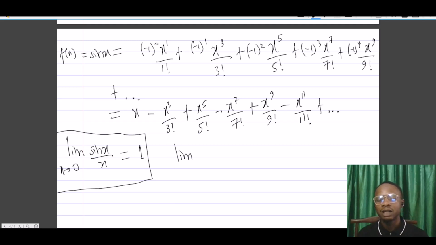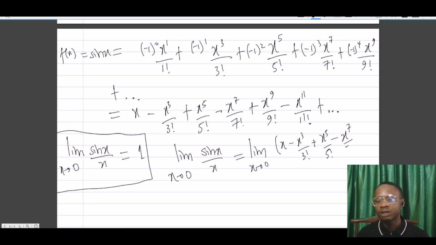Since we are interested in the behavior of sine x around 0, the limit can be written as the limit as x approaches 0 of x minus x cubed over 3 factorial plus x to the power 5 over 5 factorial minus x to the power of 7 over 7 factorial plus and so on, continuing forever, then divided by x.